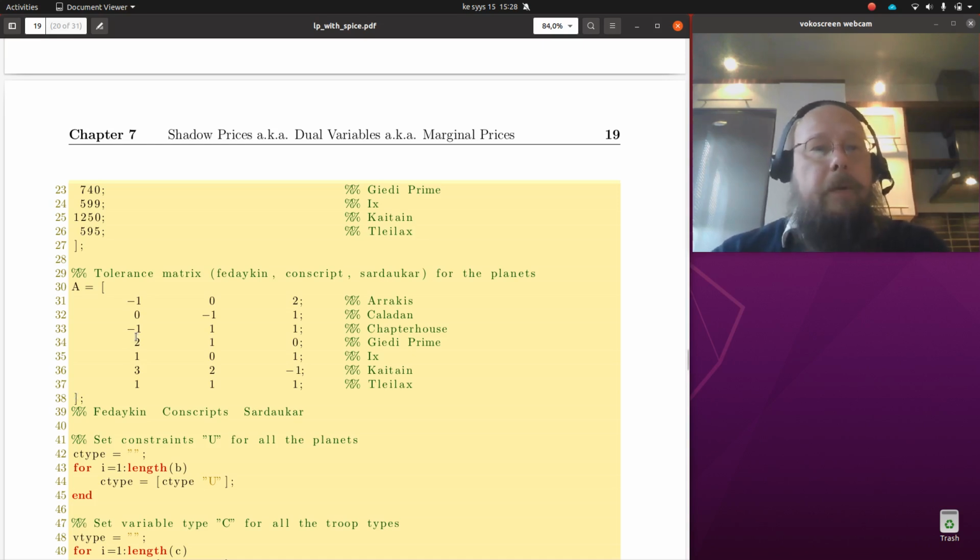Note that I have used big spacing here, so it's easy to see what the numbers are. And here are, of course, the planets again. And then I've used a comment line to explain that these are the Fedaykin resentments, Conscript resentments, and Sardaukar resentments.